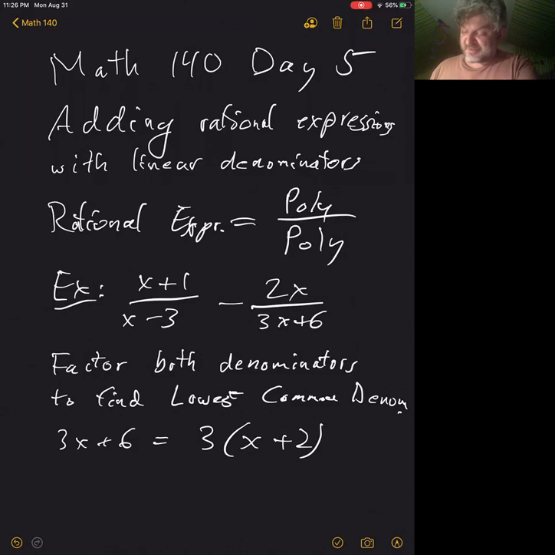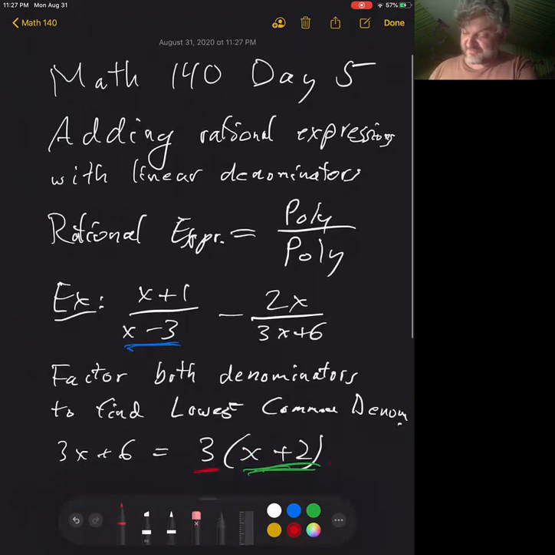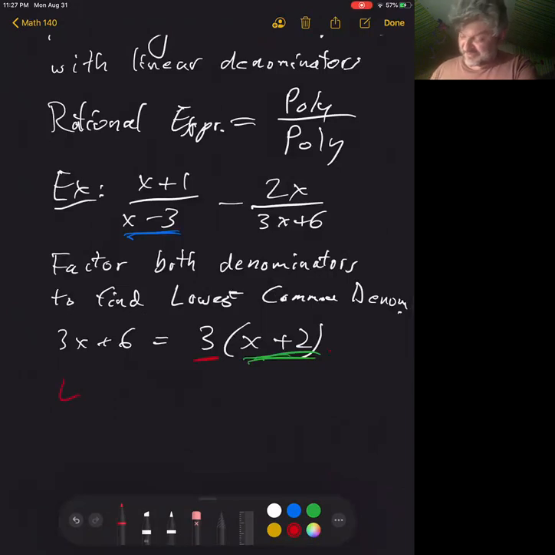And now we can tell there is nothing in common between the x minus 3 and the x plus 2 and a constant, yet another factor. There is nothing in common. So the lowest common denominator, maybe that's called LCD, we can just state that we do it that way.